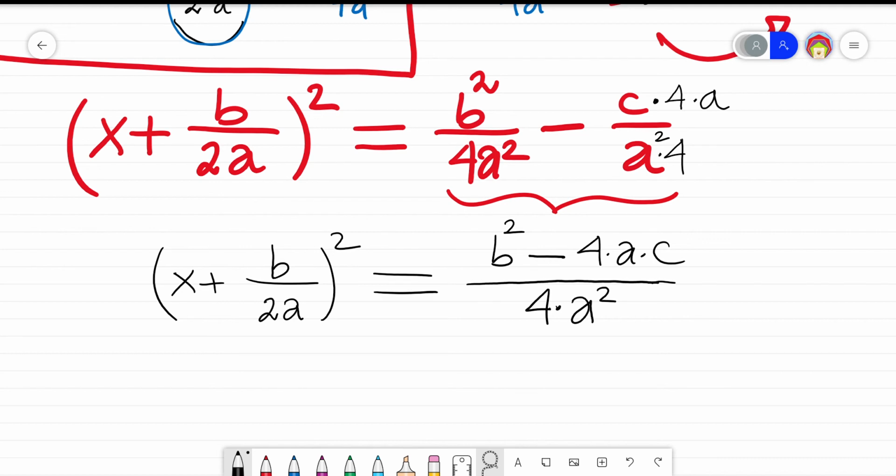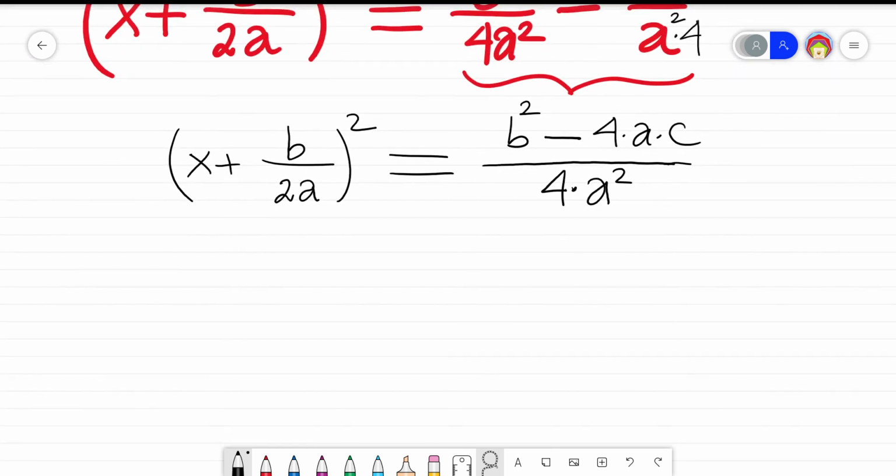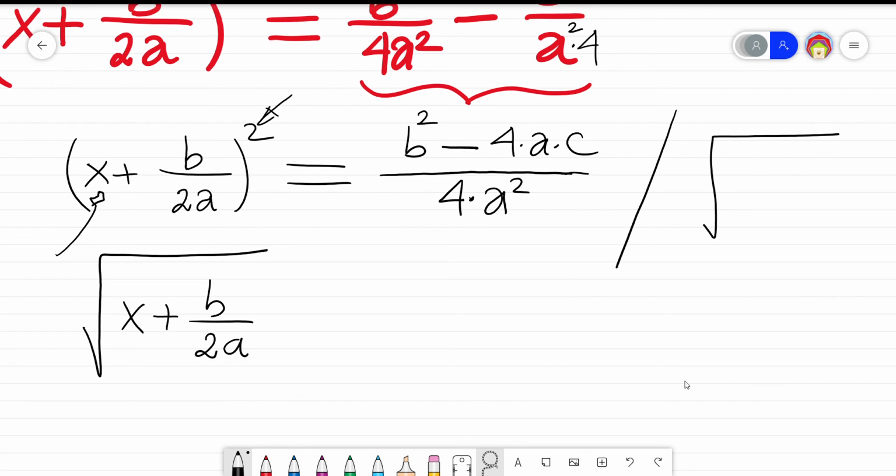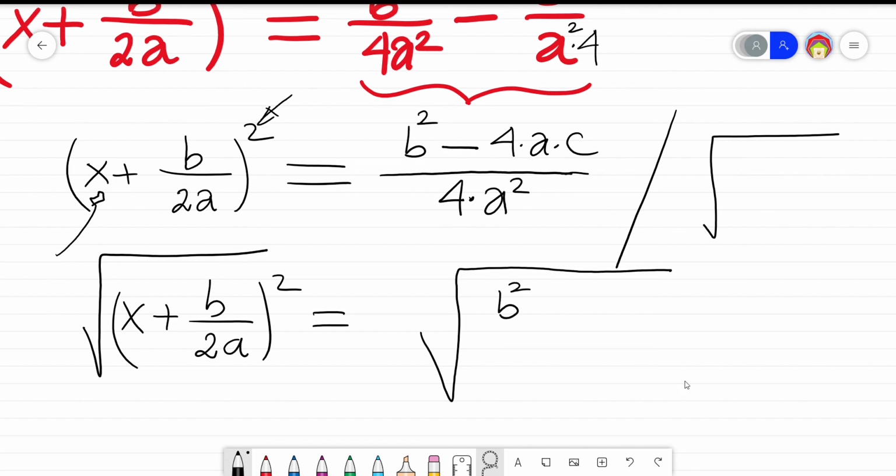The aim of all this is to get rid of everything and leave that lovely x completely alone. So the first thing I need to get rid of is that power. How to get rid of that power? I'm going to do the square root of every single part in the equation, the square root of all that, and also the square root of the second part.